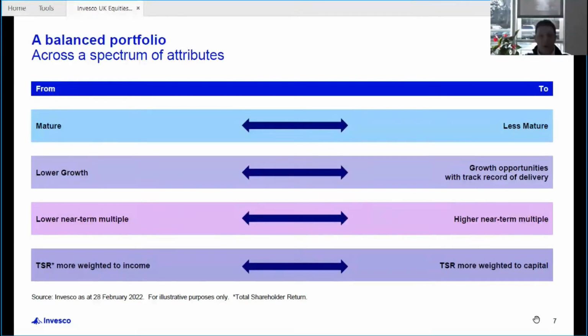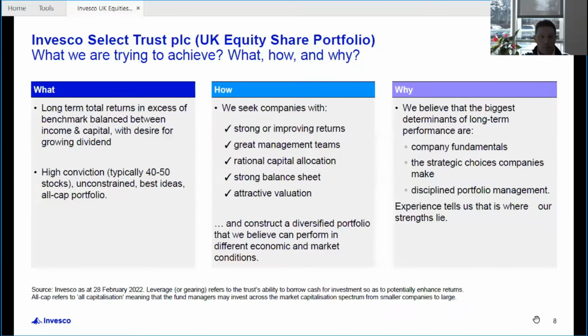And then we also hold companies that might appear on the right-hand side of this slide, like, for example, Bunzl and maybe Ashtead, which are reinvesting to deliver meaningful growth in both capital and dividends over time. And so we think we've constructed a balanced portfolio of companies with different attributes that can deliver both income today and capital and income growth in the future.